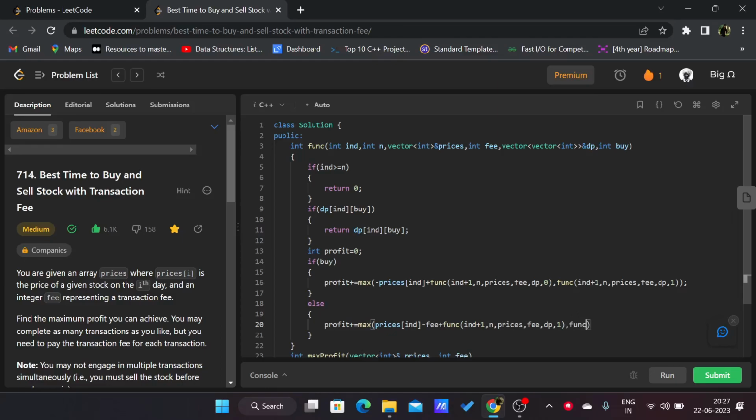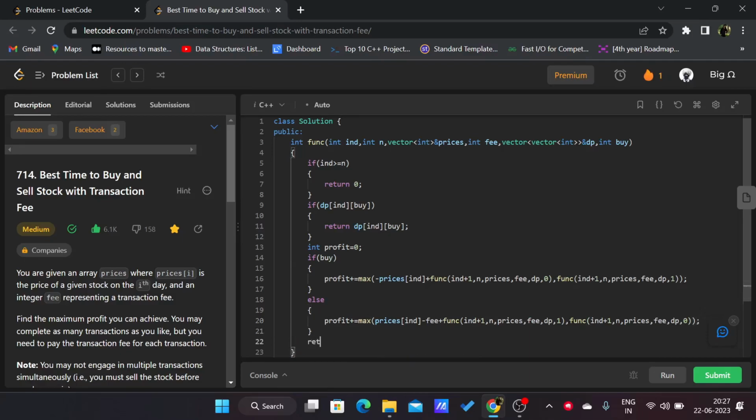And if I don't sell here, I will go to the next index and pass all these things again, fee, dp, and this time I will again try to sell, and in the end I will return dp of index and buy equals to profit.